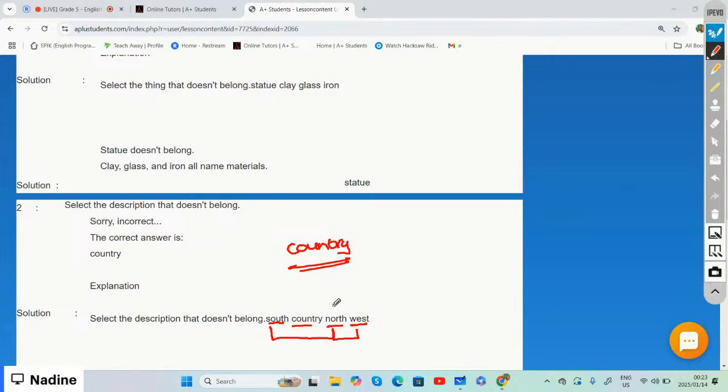South, north, and west are related words because they are cardinal points, or direction points, even if you include east over there. Those are the direction or the cardinal points. They are related to one another, but country does not belong there. It is not related to cardinal points. So well done. Country is correct.